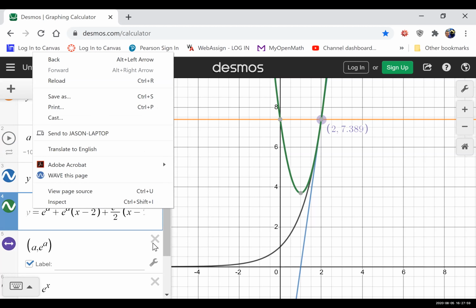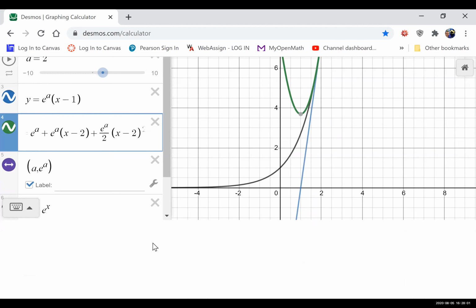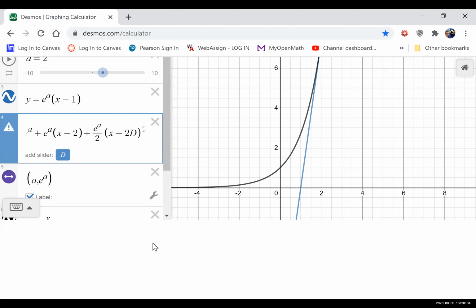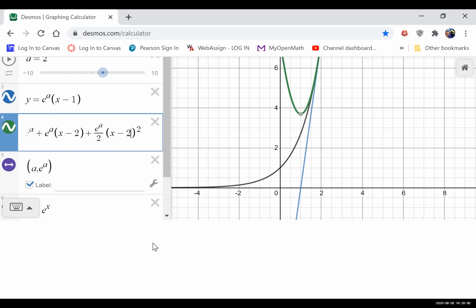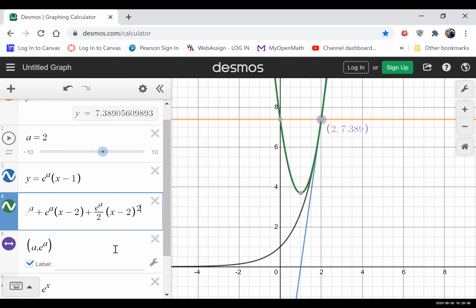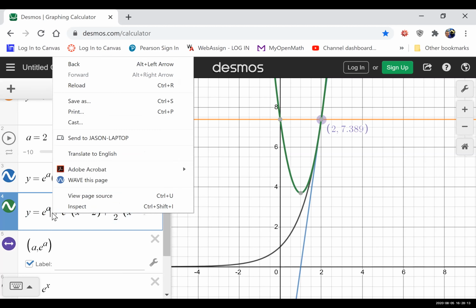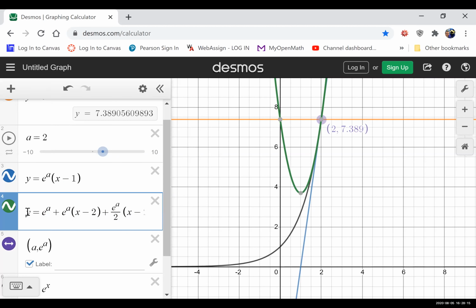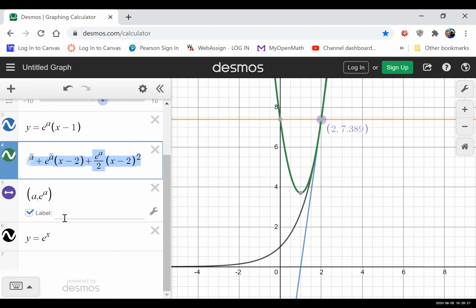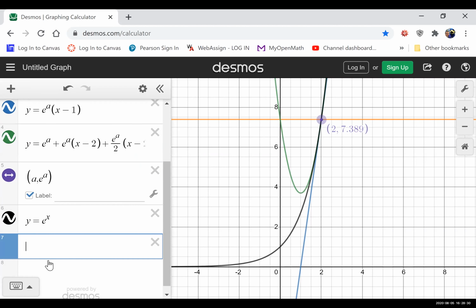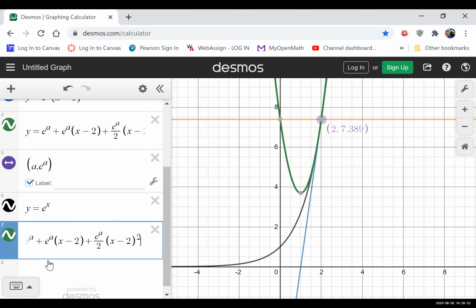Okay, so let's add that one real quick. Go back, go back. Okay, so I want to add this one. Let me copy and paste this guy. Control C, Control V. And I want to add to this the 6, right?